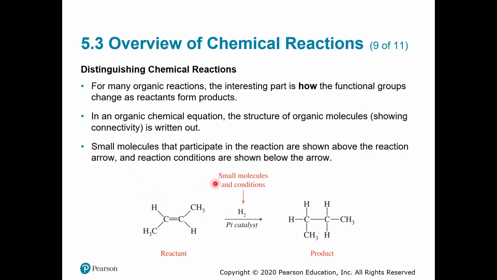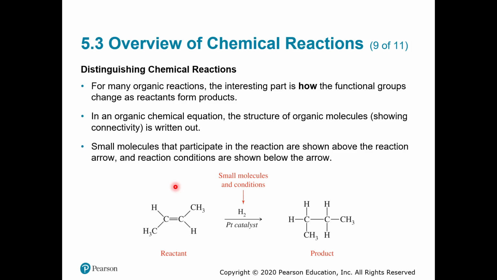The small molecules participating in the reaction are actually going to be shown above this reaction. And so we actually have a slightly different way of showing these reactions when we're talking about organic molecules. And that's because we actually want the three-dimensional structure, or at least the connectivity, to be shown. Okay? Because in a normal reaction, that doesn't matter a lot, right?